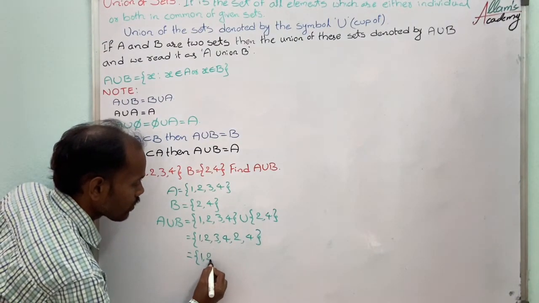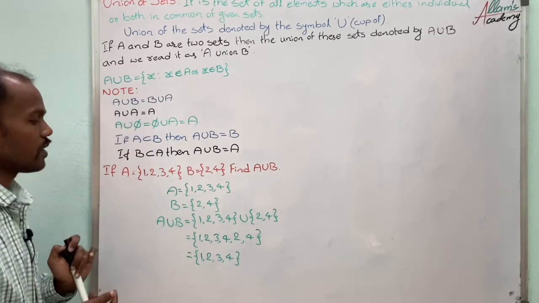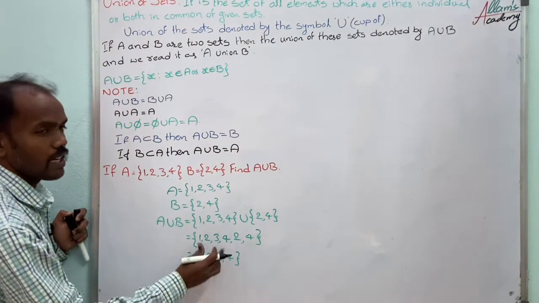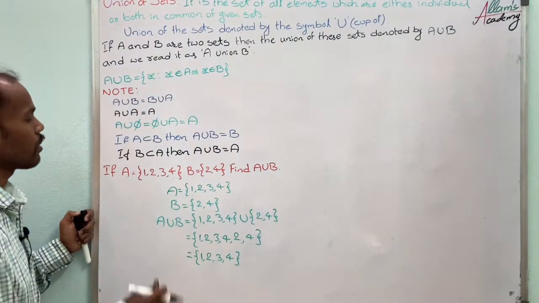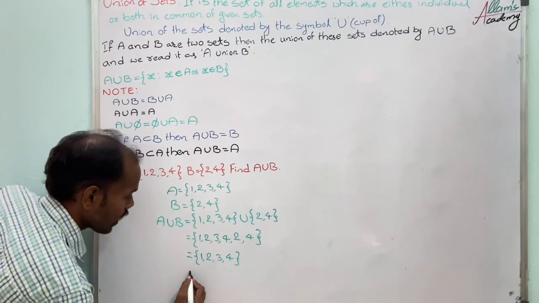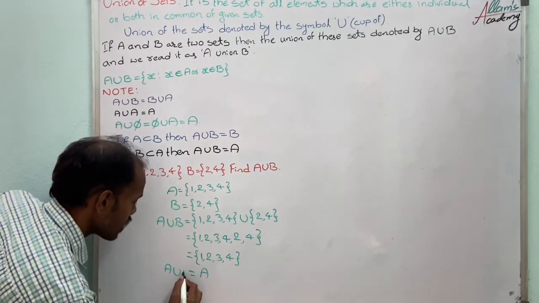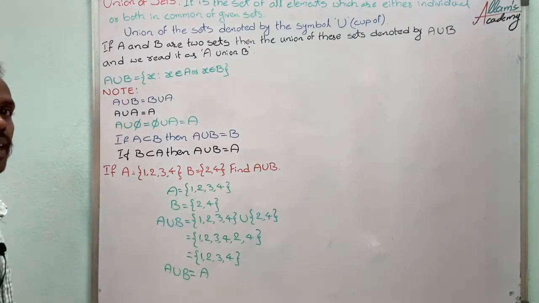So 1, 2, 3, 4. Now all of these elements are presented in the first set A. So A union B is equal to A.